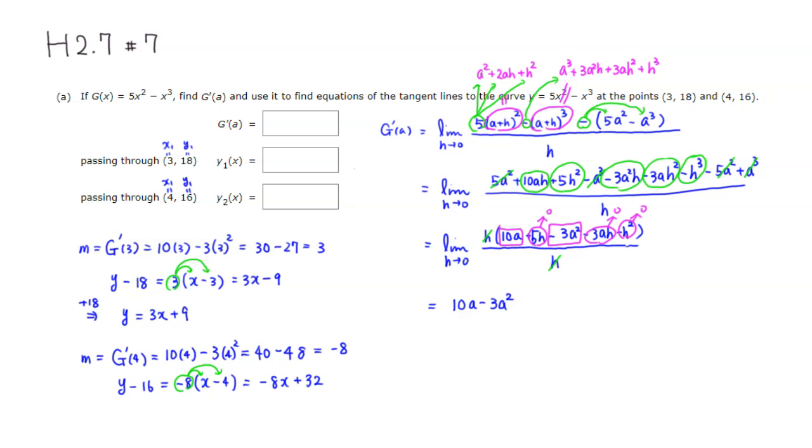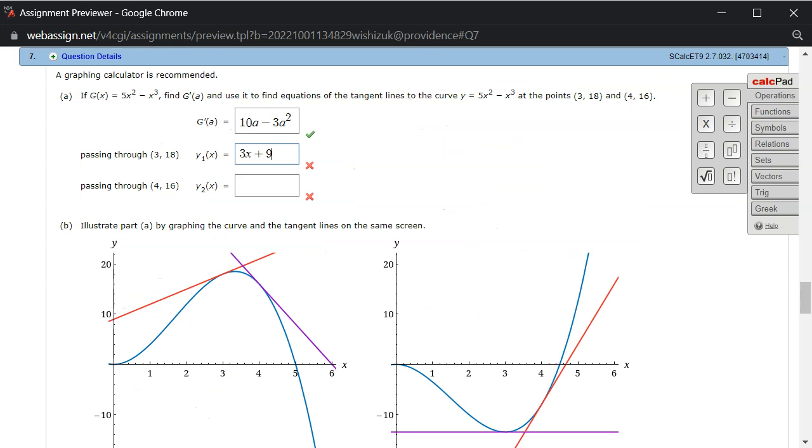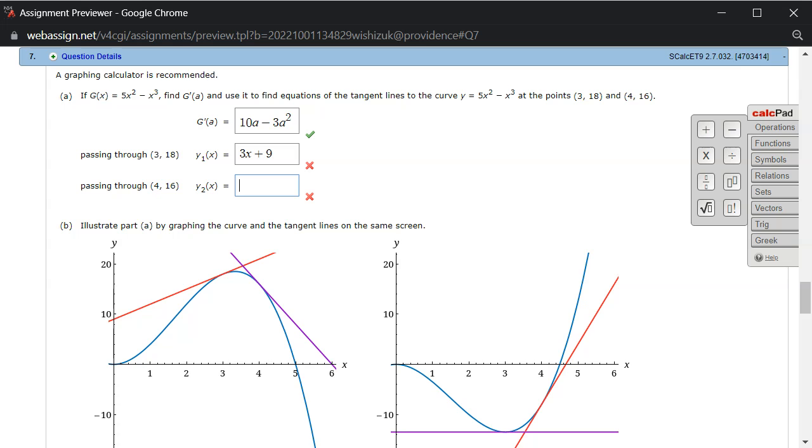Then we can simply add 16 to both sides so that we can isolate y. So y is equal to negative 8x plus 32 plus 16, which is 48. Right, so let's type it in. All right, we got the negative 8x plus 48.